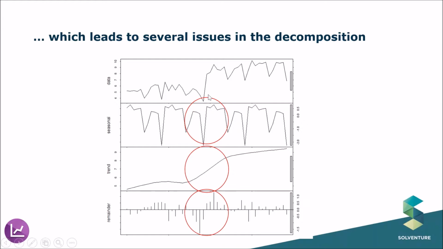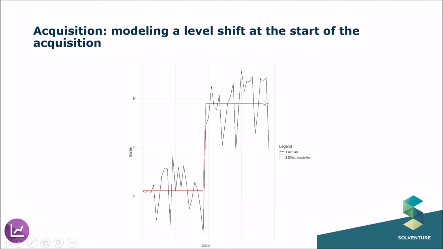You have a peak 1 here and a peak 2 here close to the acquisition. If you mess up the estimate of the trend, you will also mess up the estimate of your seasonality. So it is all linked together, and you really need to be careful when you have significant events with the normal statistical techniques.